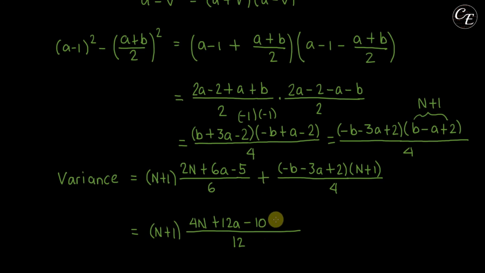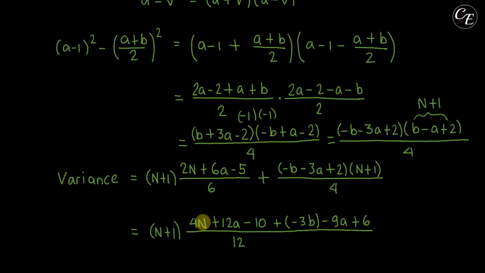And then plus, in here, 12 divided by 4 is 3. So we need to multiply this by 3. So we have here negative 3b. Then negative 9a. Then plus 6.